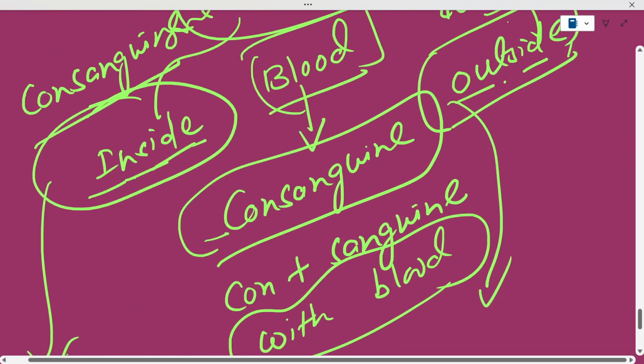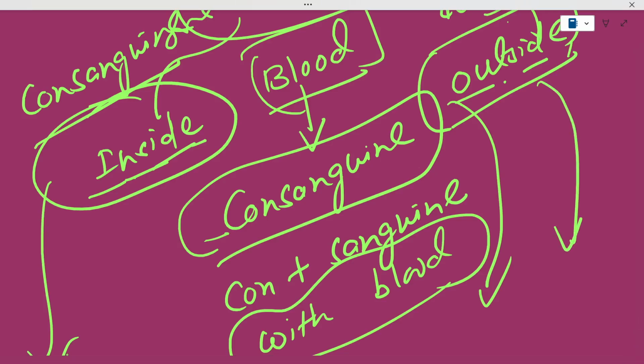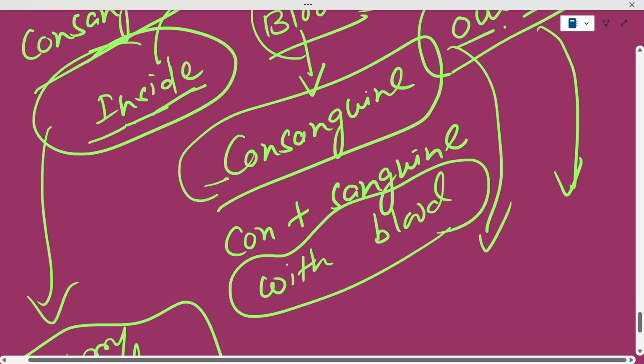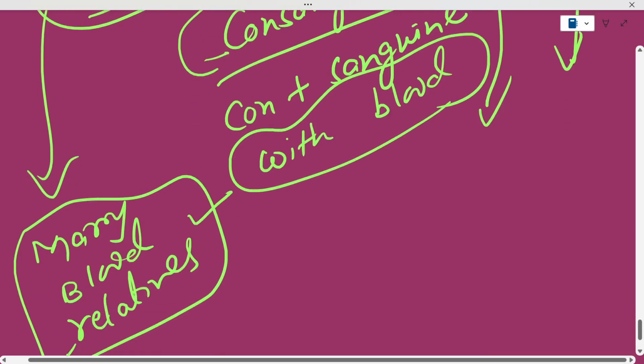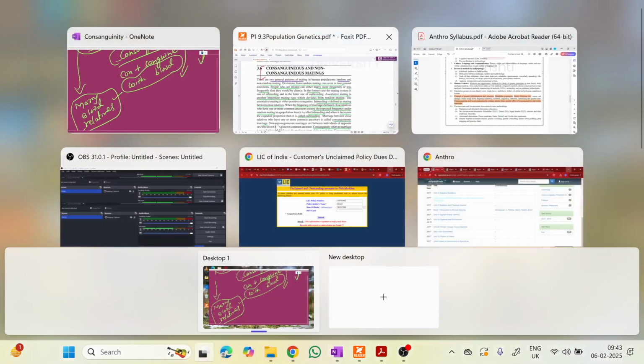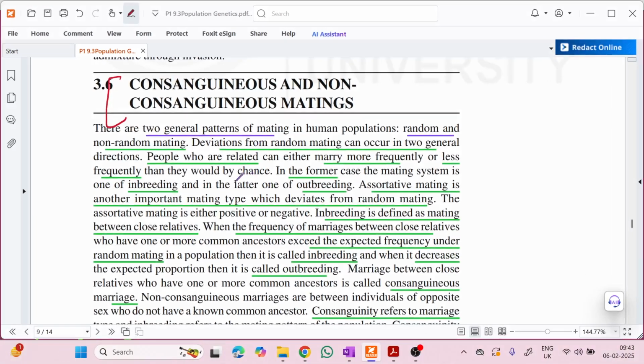It's a very broad criterion, because most societies prefer to marry outside their blood relatives. So most societies are non-consanguineous, but there are some who prefer their own blood relatives. Then we see how it affects the genetic pool.